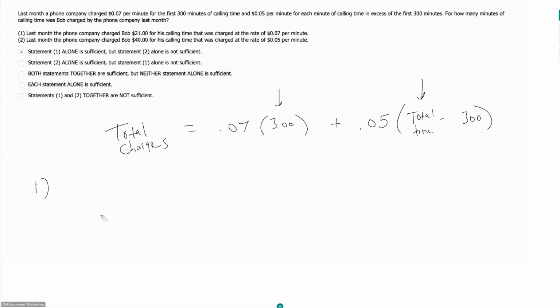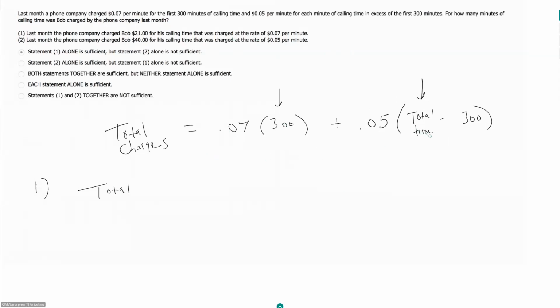Statement 1. Last month, the phone company charged $21 for his calling time that was charged at the rate of 7 cents per minute. Okay, so what is 7 cents times 300? It looks like it's 21. So that doesn't tell us anything about his total time, because that just means he used up his 300 minutes.